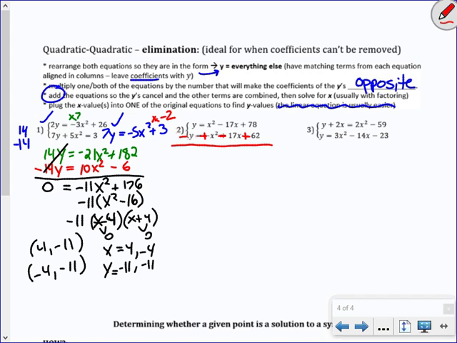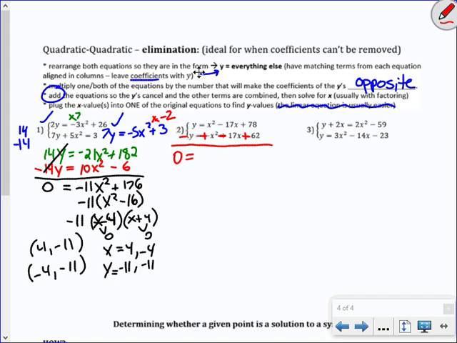Okay. This one you could actually use either elimination or substitution, right? But because we're in the elimination method, I'm just going to show you how you would do it that way. So if I have positive y plus negative y, what happens? You cancel. That's the whole point of this method.